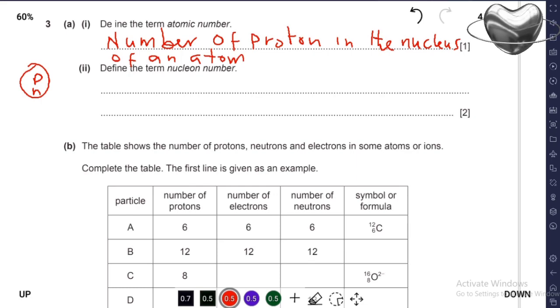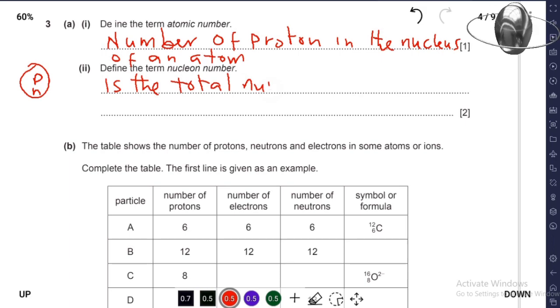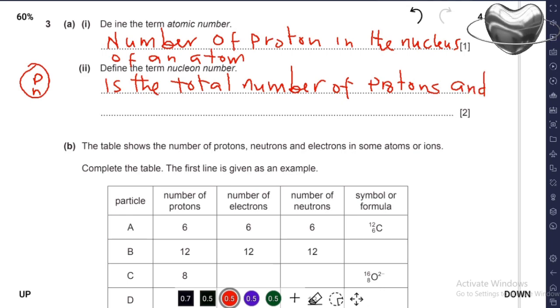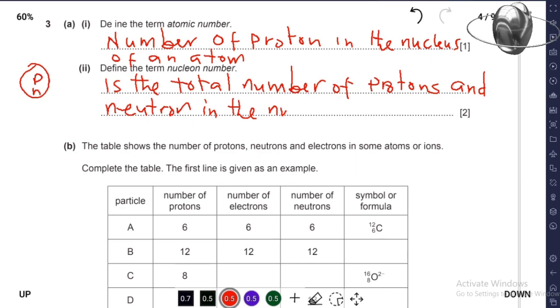So we are going to say the nucleon number is the total number of protons and neutrons in the nucleus of an atom.